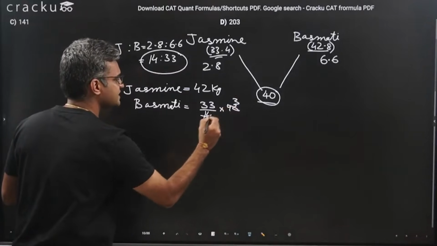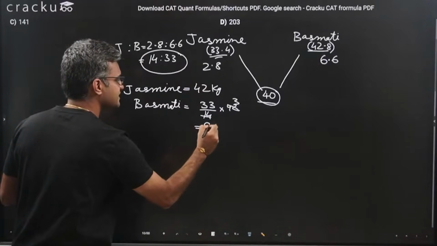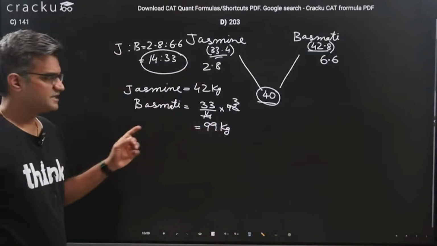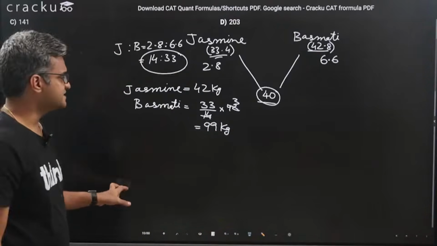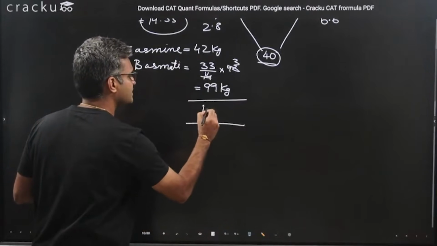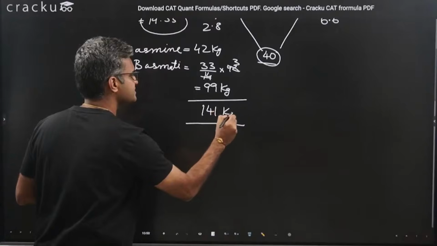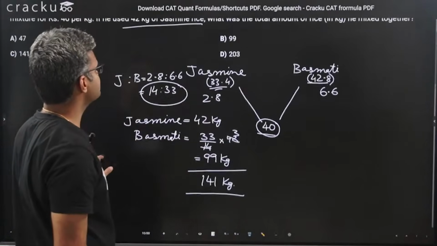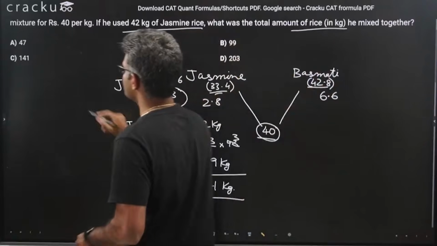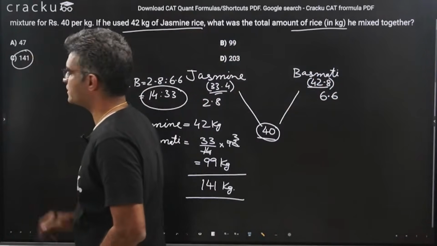This is 3. What is 33 into 3? This is 99 kgs. So the amount of Jasmine is 42 kgs and the amount of Basmati is 99 kgs. The sum of both of them, which is the total weight, is 141 kgs. So the answer for this question, the total amount of rice, is option C, which is 141 kgs.